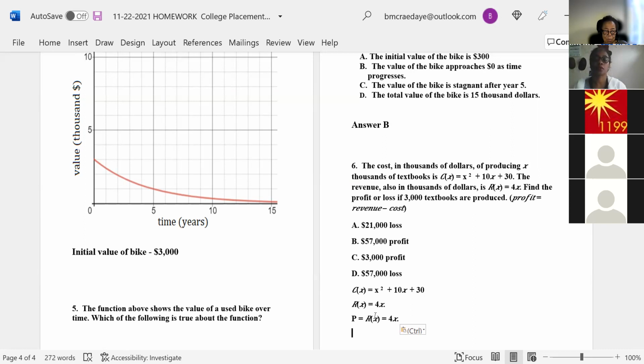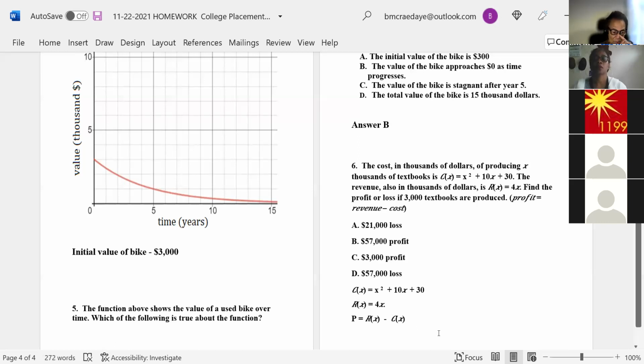So revenue of X minus cost of X, that's going to be your profit. So revenue of X minus cost of X, that's the profit.